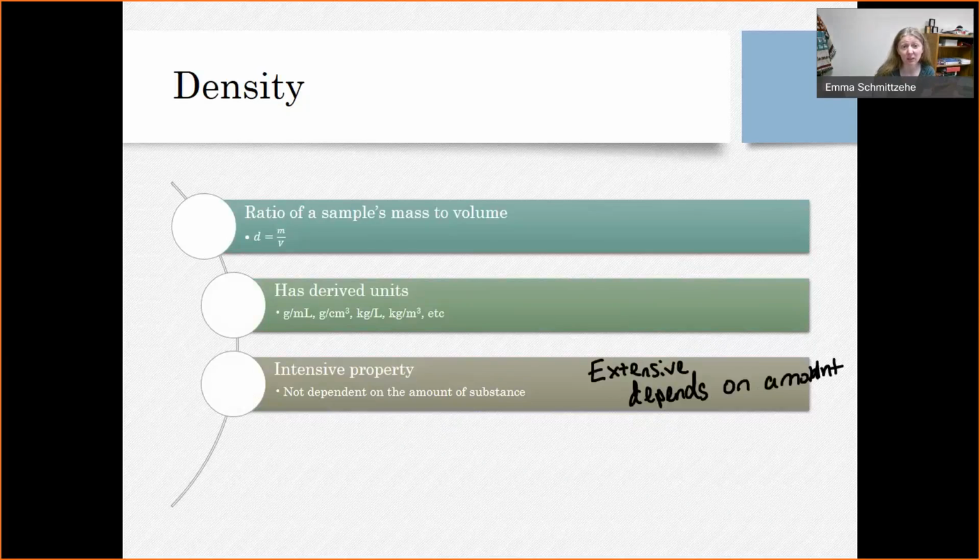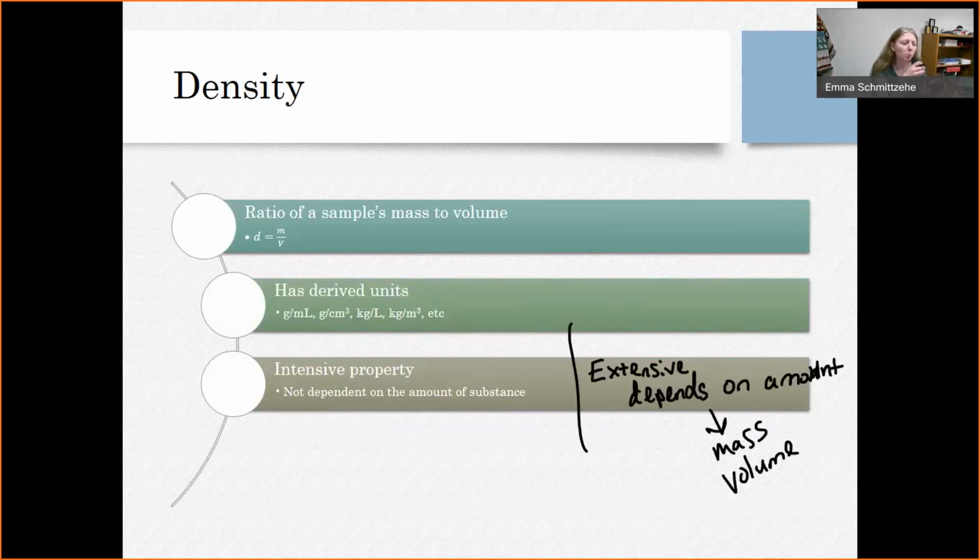So specifically, the other two things you use to calculate density are extensive. So mass and volume, okay? So extensive, that would include things like mass and volume, okay? If you take this, you have this large sample and you weigh its mass, it's going to have a large mass.